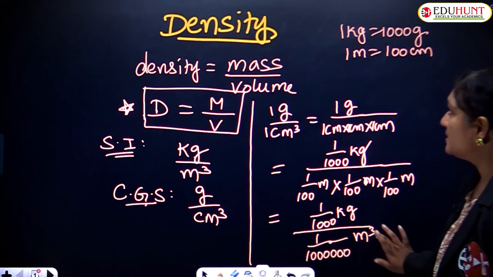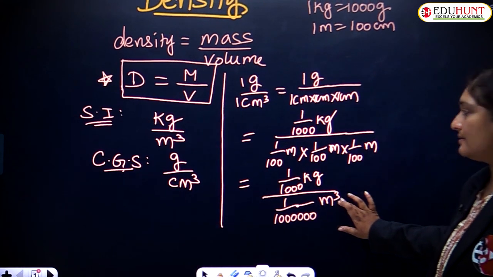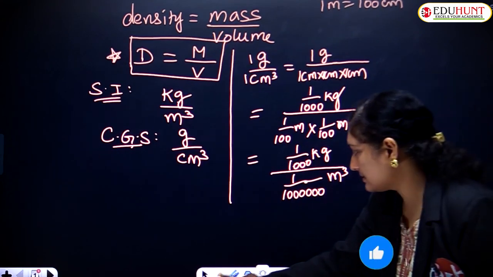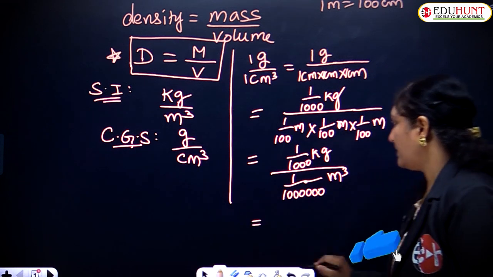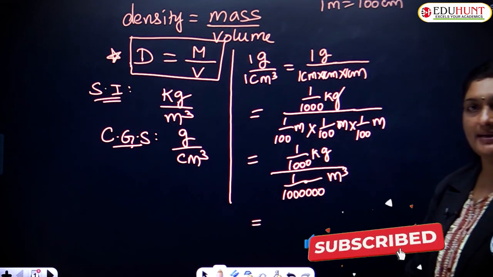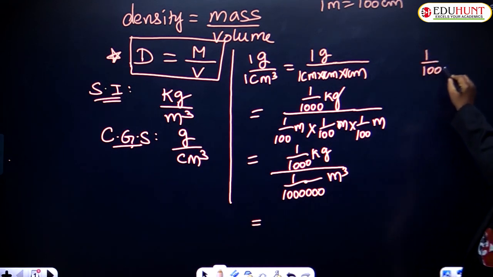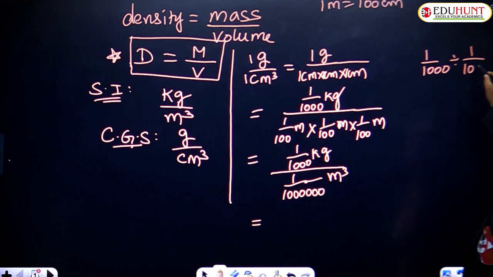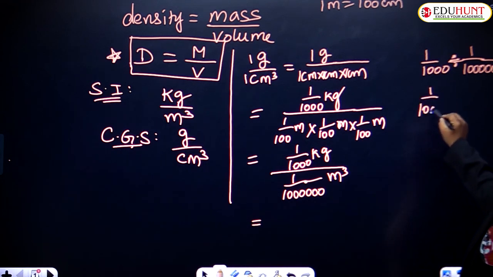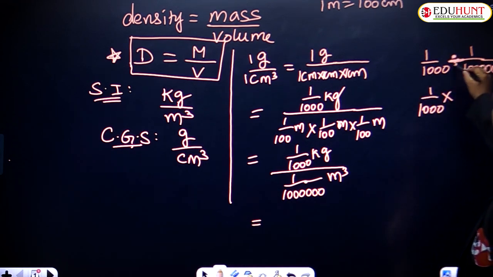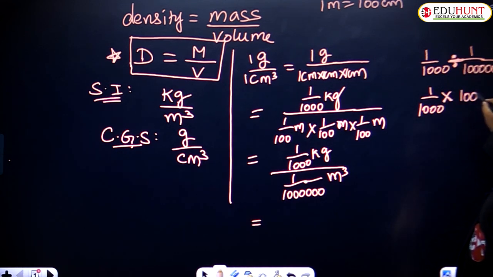If you further simplify this, it is nothing but 1 by 1000 divided by 1 by 10 lakhs. In order to convert division into multiplication, the second term should be taken as the reciprocal, that means 10 lakhs upon 1.